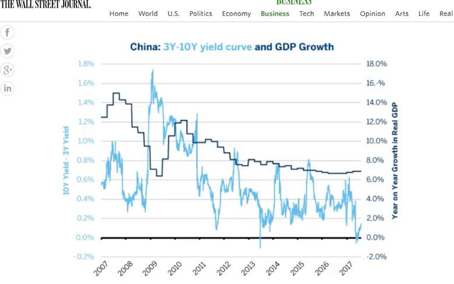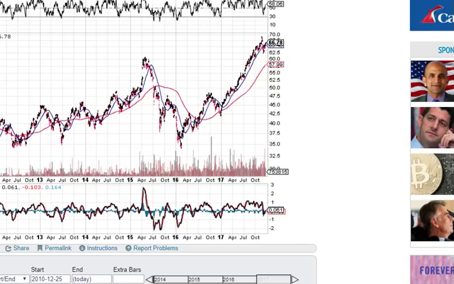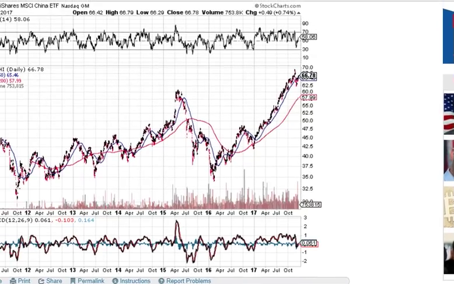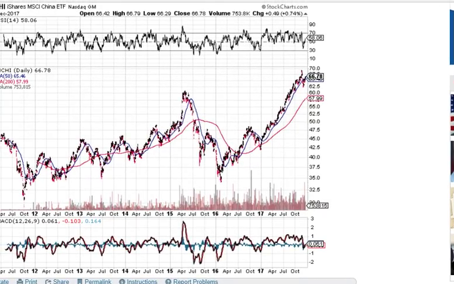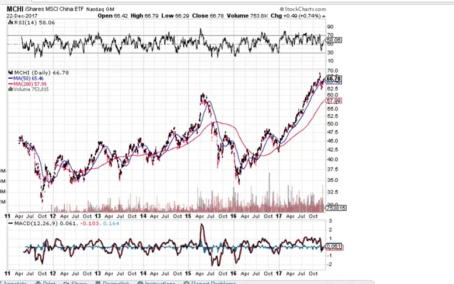But let's look at one situation here. We started to see the 10 and 3-year spread start to flatten, and you started to see stress in the Chinese stock market. We could take a look at the iShares MSCI China ETF, and you could see the stock market started to plunge.